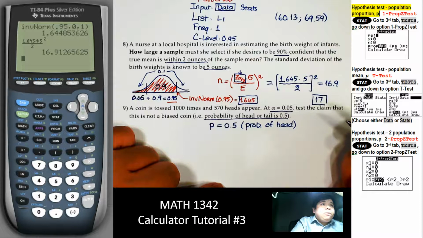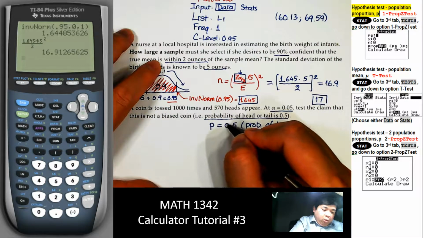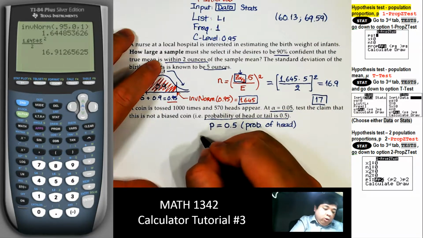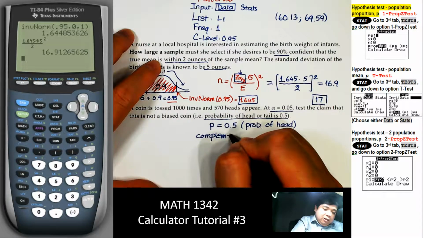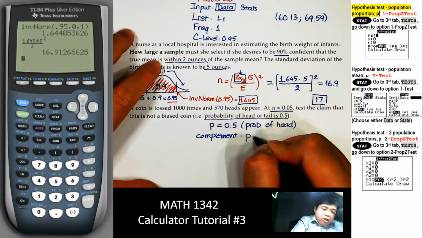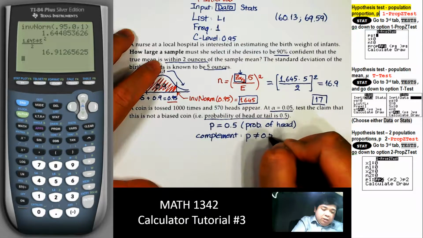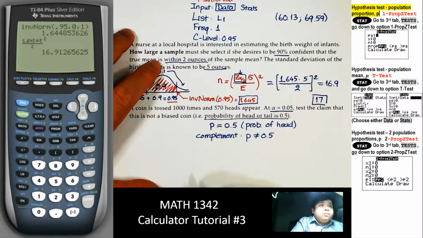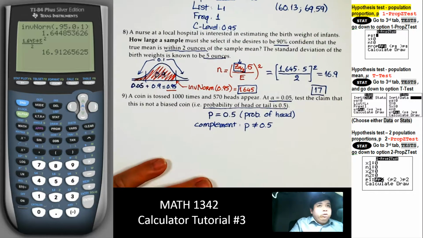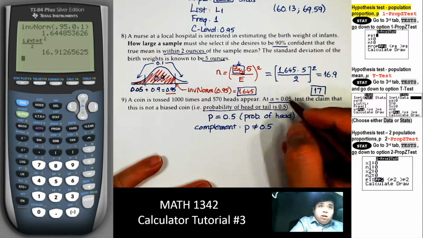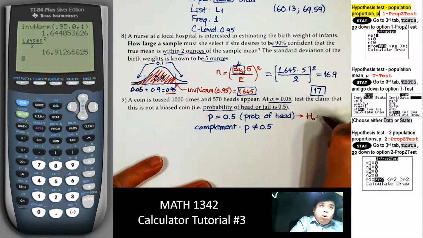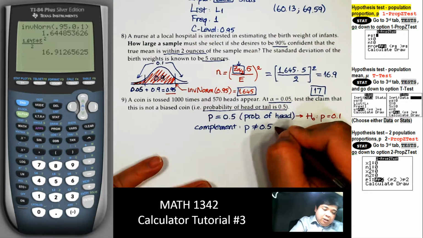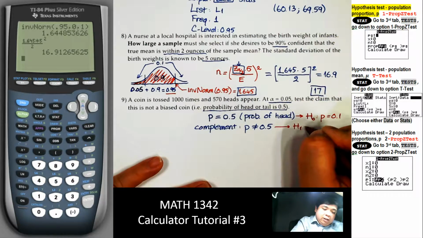Right. And so we write that. Then we write the complement, which is not equal to 0.5. Now, with that, we will form the hypothesis. This will be the null hypothesis, and this will be H1.